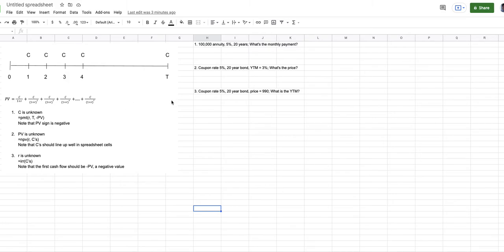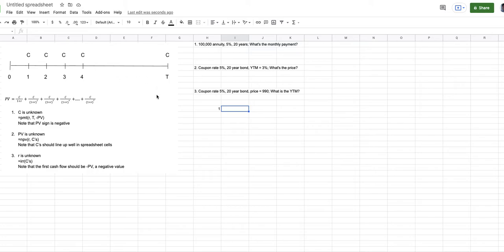Here I'm going to show you how to work on these three examples. Let's start with the first one, the annuity. In this calculation, you are given an initial investment of $100,000, and you know the rate of return is 5%, and it's going to last for 20 years, which is 20 times 12, that's 240 months.